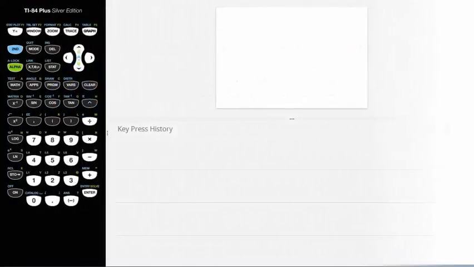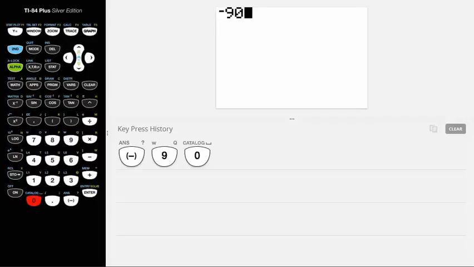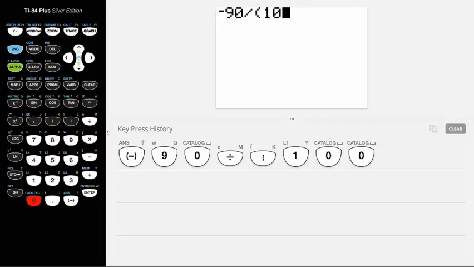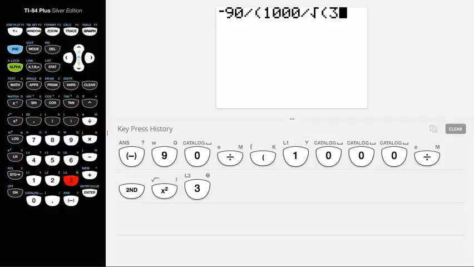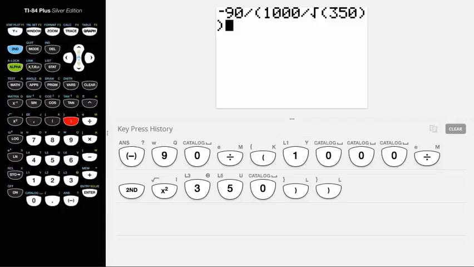Calculating, negative 90 divided by, parenthesis, 1,000 divided by second square root, 350. So I need to close the parenthesis for the root and for the denominator.